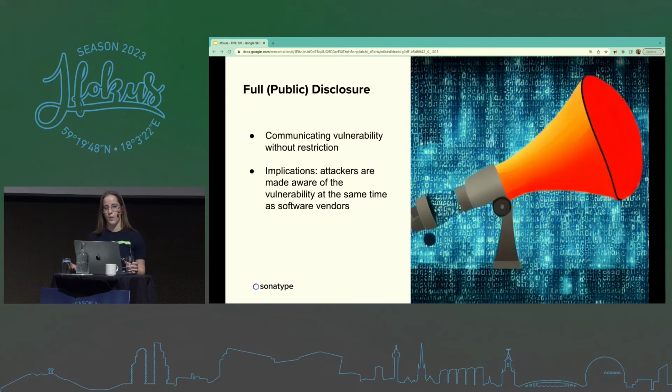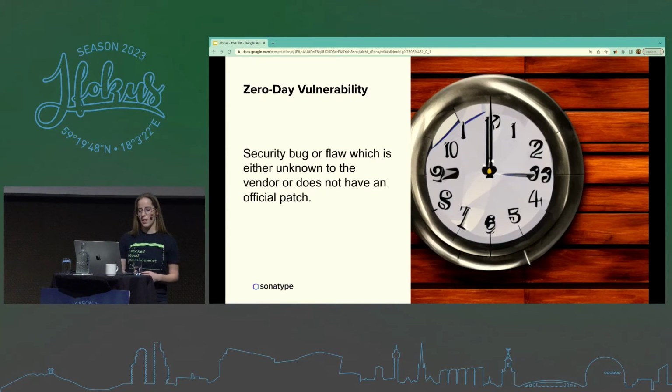And the implication of that, of course, as I mentioned a little bit earlier, is that the attackers, as with all CVEs, are made aware of the vulnerability at the exact same time, which means it's a bit of a field day if there is no fix or way to work around this vulnerability. That is what's known as a zero-day vulnerability, when there is a flaw without a fix. It also can be referred to if a flaw exists, but it's not made public, or the organization isn't aware that it exists.